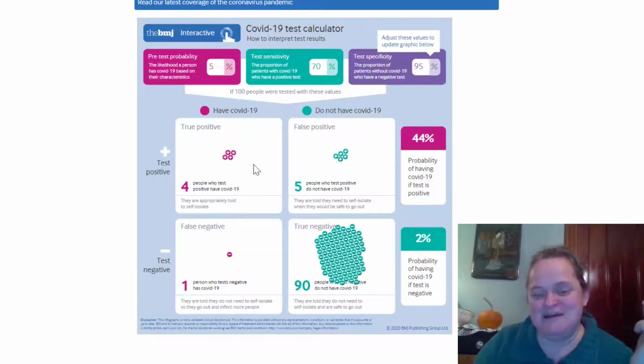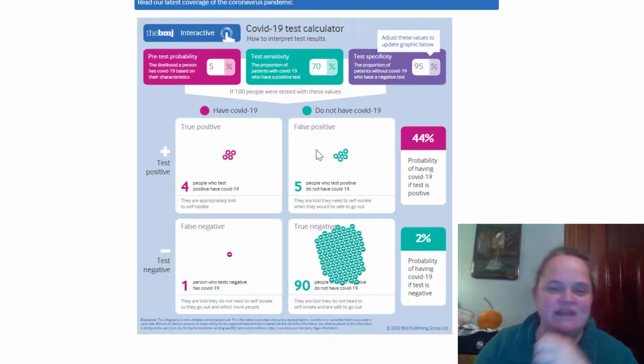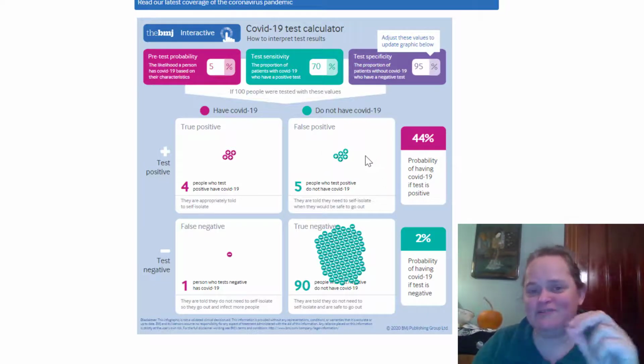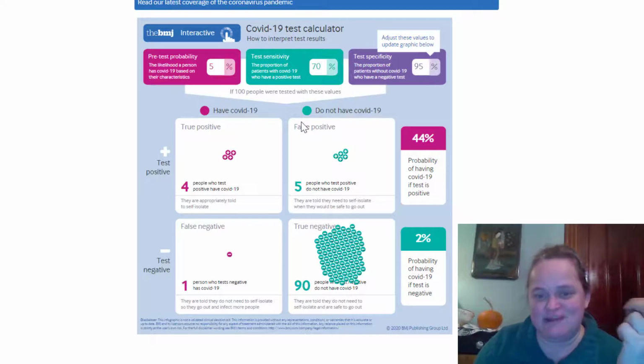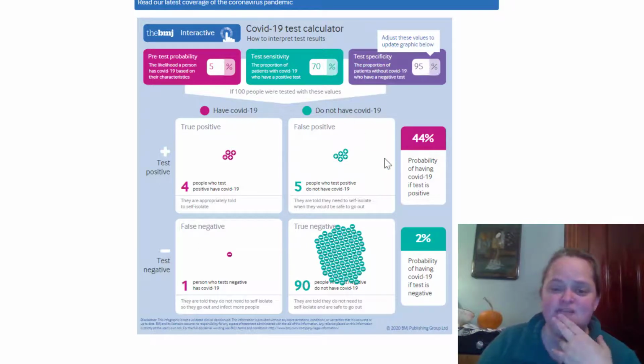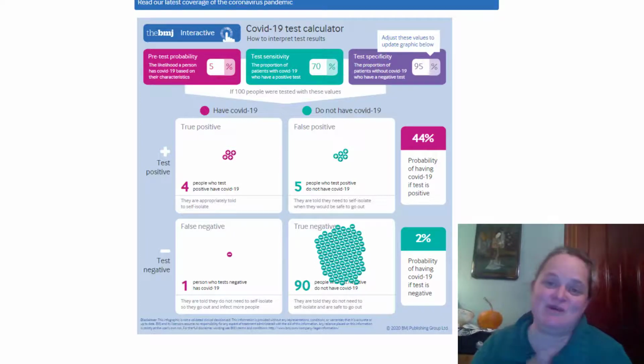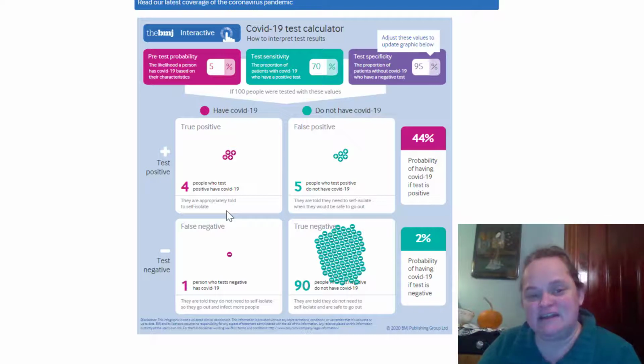Because only 5% of the people have COVID, in this case, you're more likely to not have COVID if you test positive, because of, and this is both the test sensitivity and test specificity going into this, and I'm going to start adjusting those soon. So if you get a positive test in this situation, you only have a 44% chance of having COVID. And then if the test is negative, that 5% goes down to a 2%.